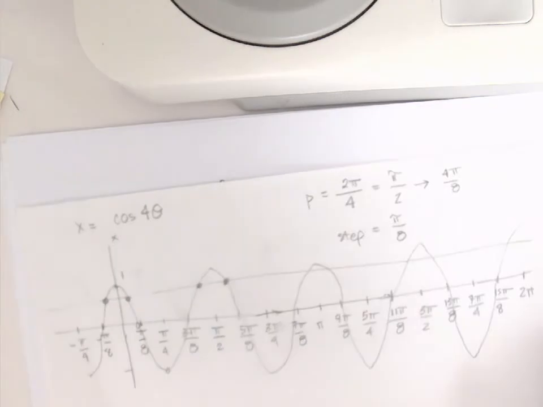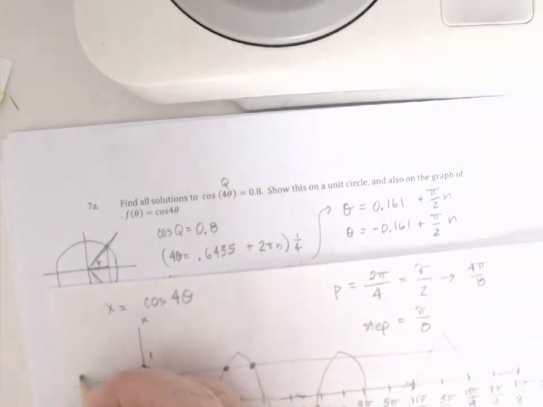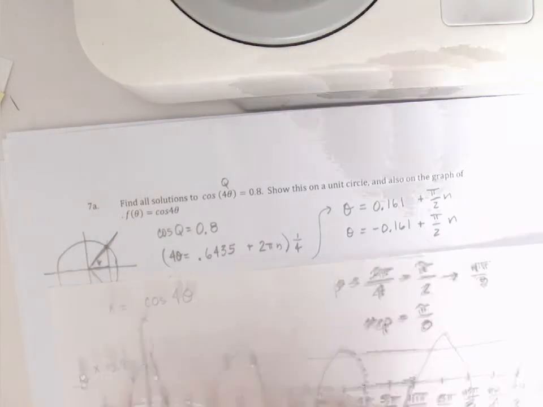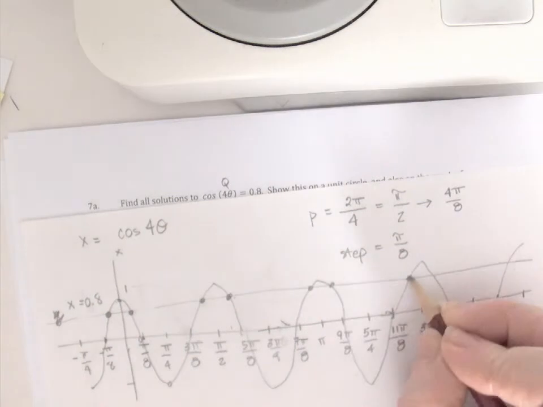For question 7, we're going to have a graph that looks kind of like this, and we're looking for where the output, here x, is 0.8.